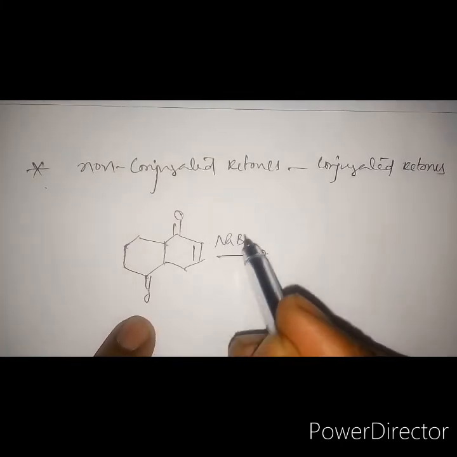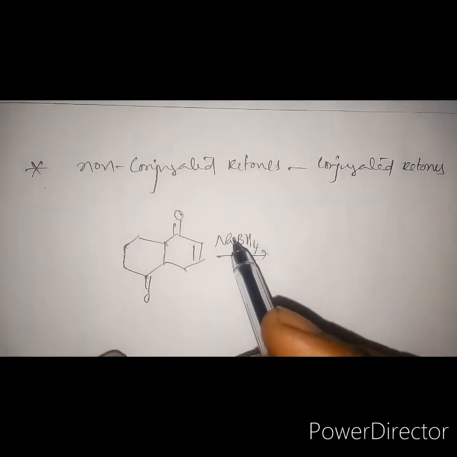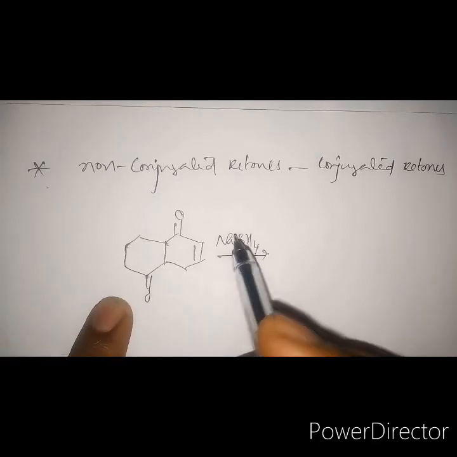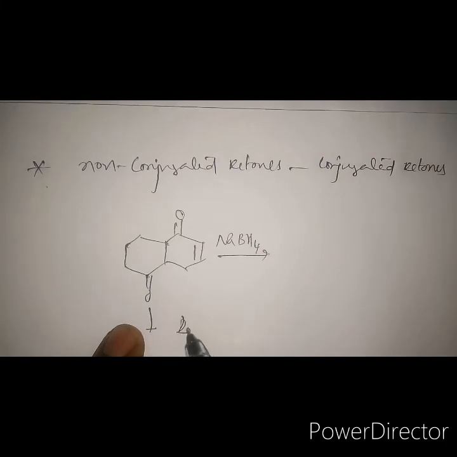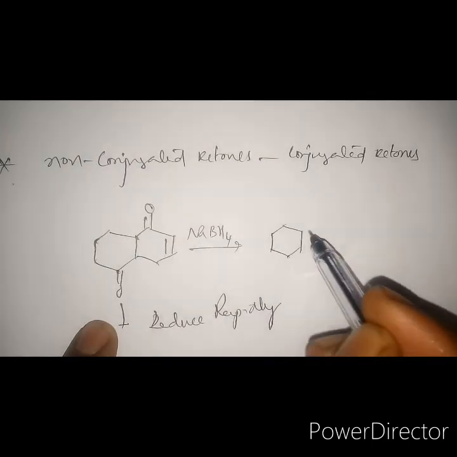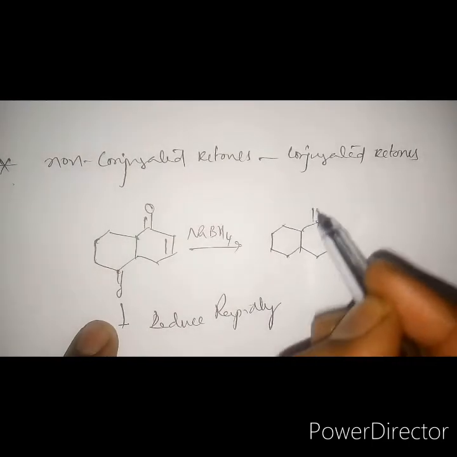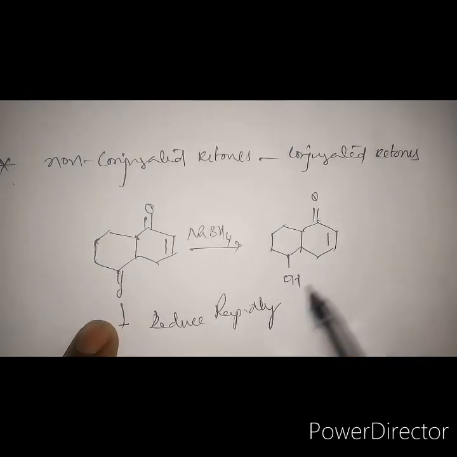The reactivity of sodium borohydride with the non-conjugated ketone is more, so the non-conjugated ketone will reduce rapidly. So this is unaffected, and this will get OH.